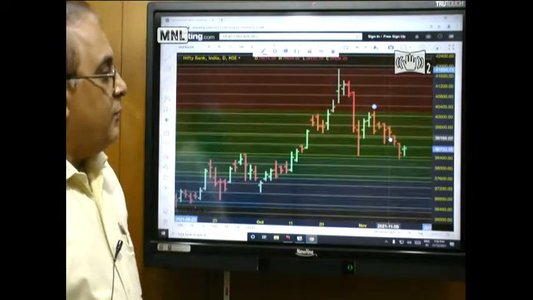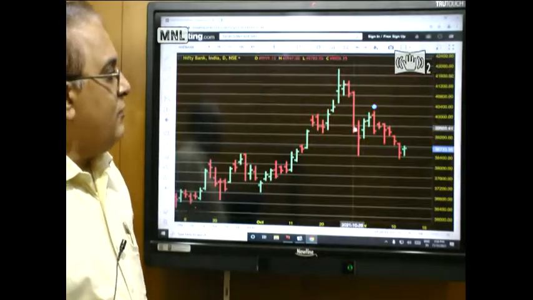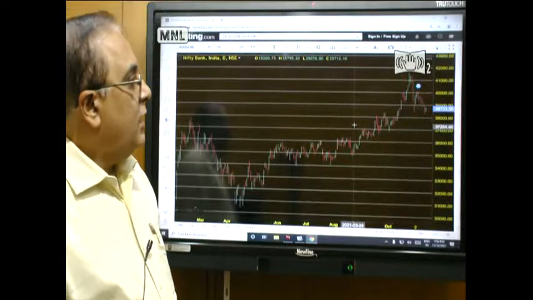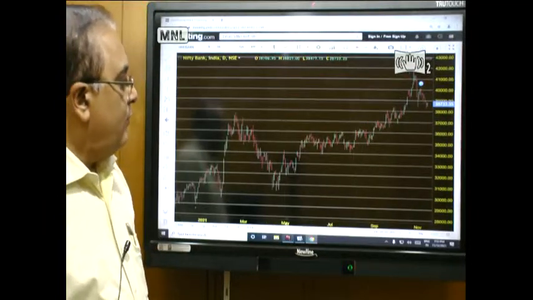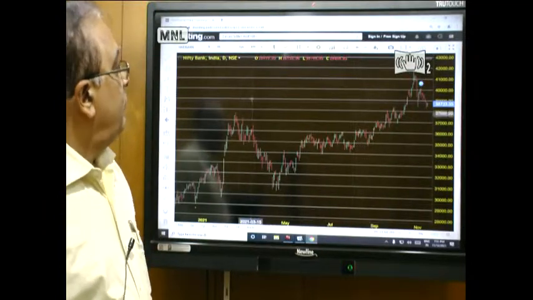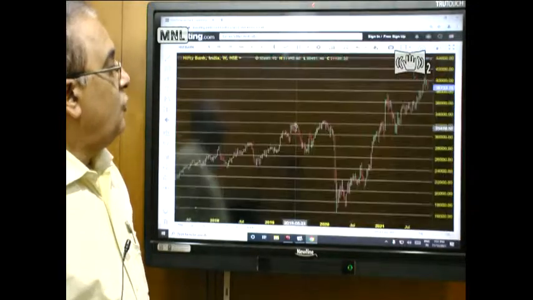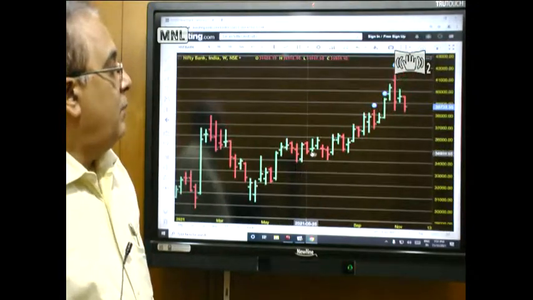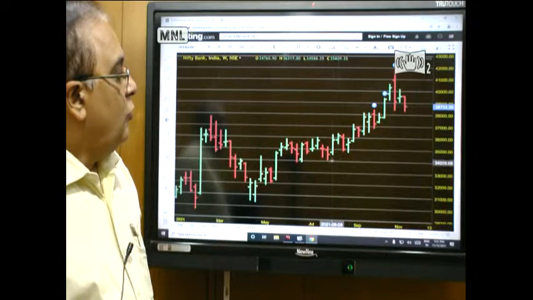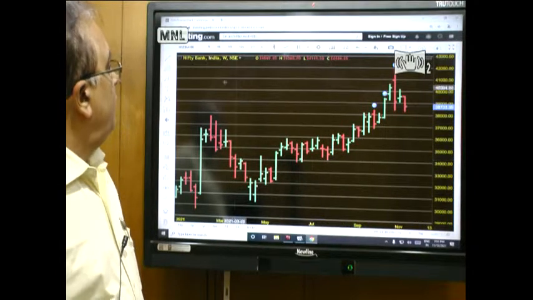So this way Fibonacci helps you in identifying, and let's see whether there's some other Fibonacci that has come, which can probably help from here. See, we have run through the weekly basis, and we have run this particular one from this low.